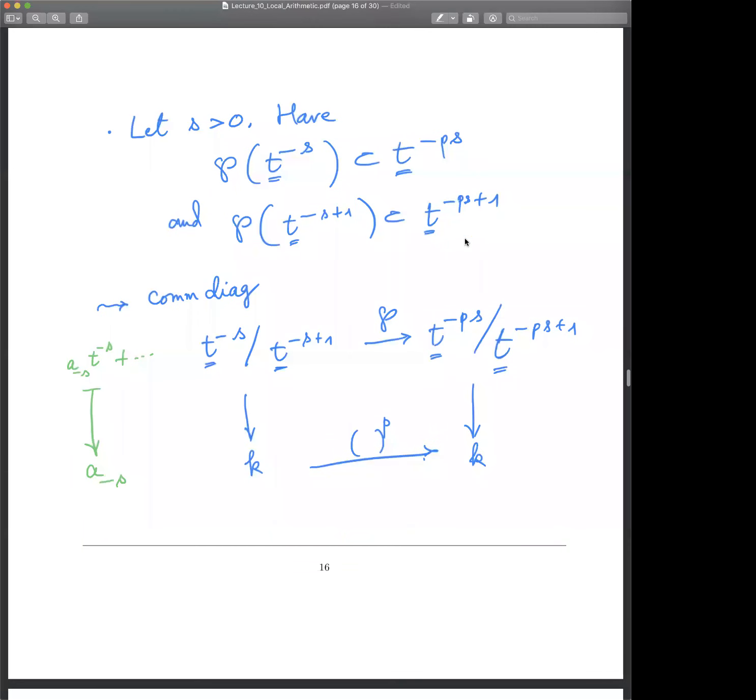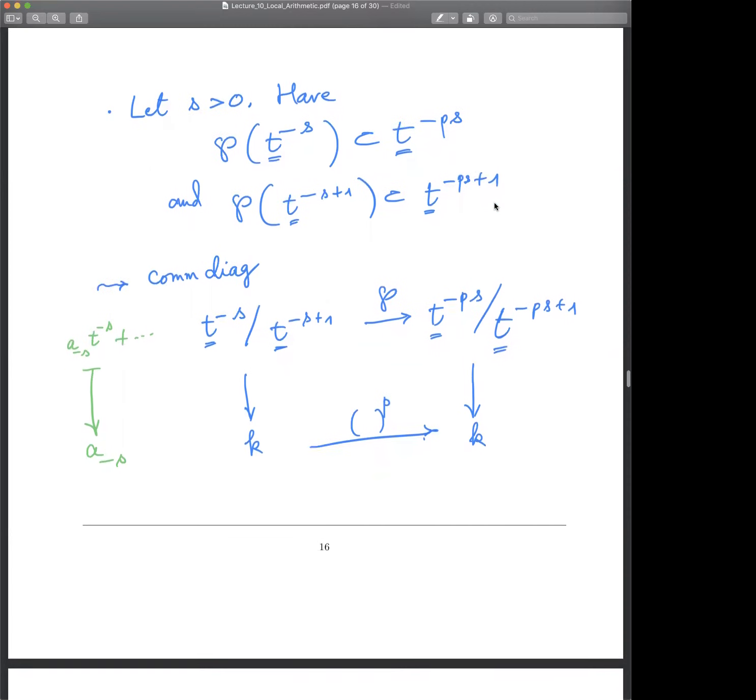So we have to check that this P takes the ideal T to the minus S inside T to the minus PS, and it takes the ideal T to the minus S plus 1 into the ideal T to the minus PS plus 1.